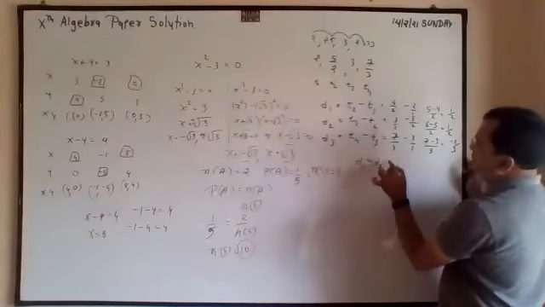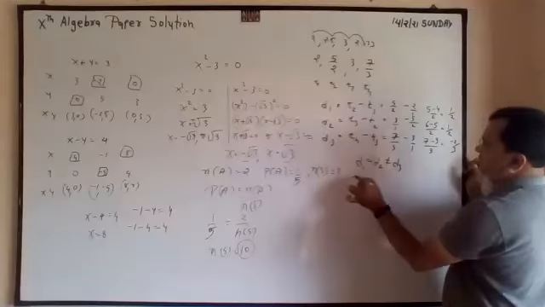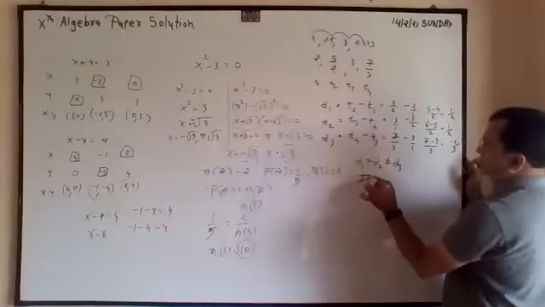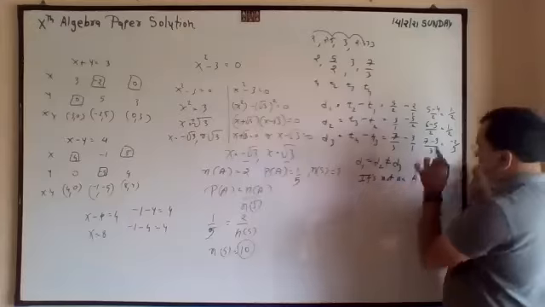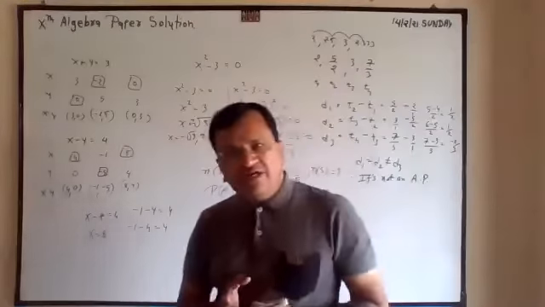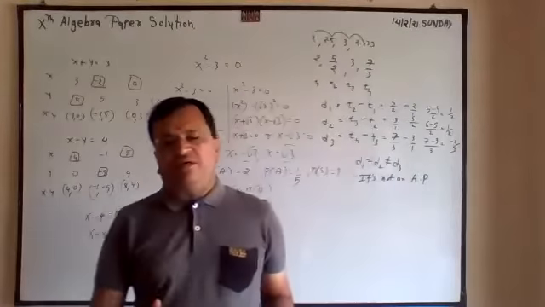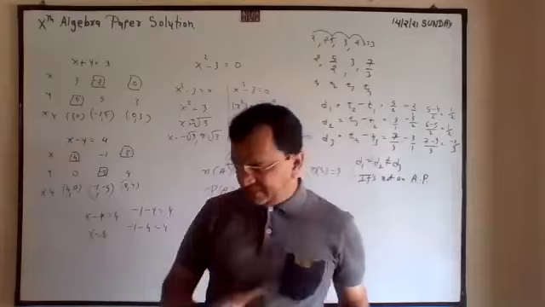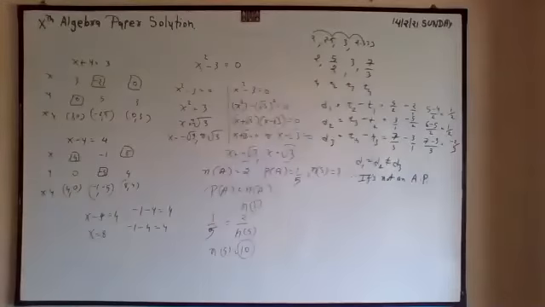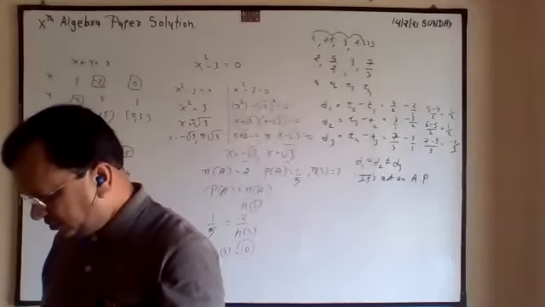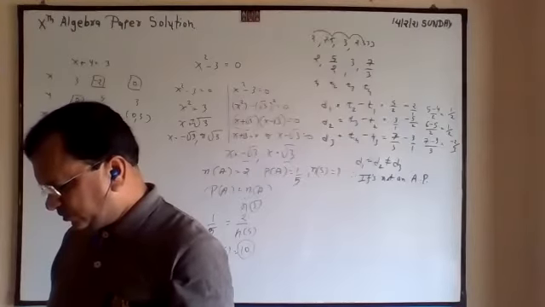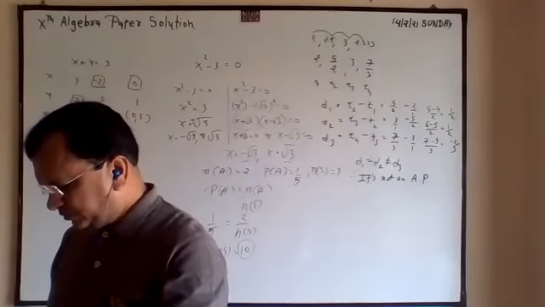D1 is equal to D2, but is not equal to D3. Therefore, if D1, D2, D3 all are equal, then only it is AP, otherwise not. And by fraction also we have compared, so it is not.